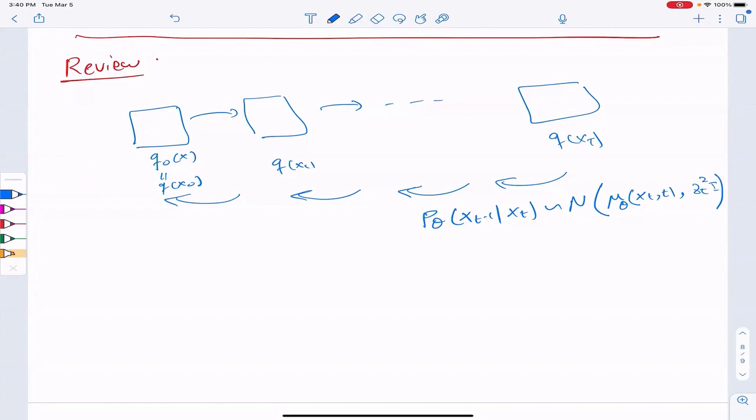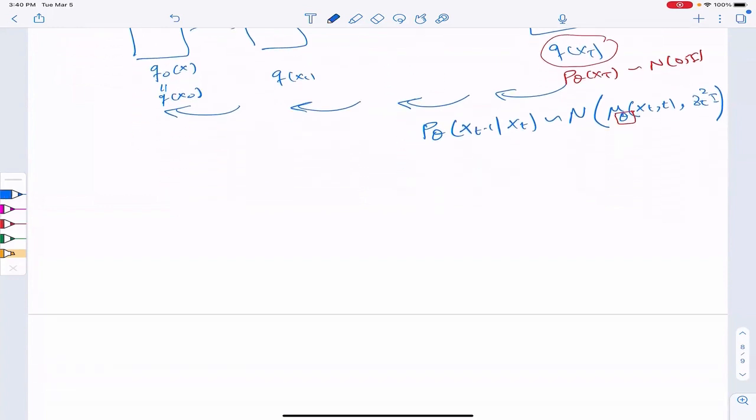The whole idea is to learn theta, a set of parameters for my model, because in that case, I can start by sampling from a normal distribution as my p_theta of x_T. Again, this will be a normal distribution. And then I can go back one step at a time until I reach time 0, and I generate some realistic samples.